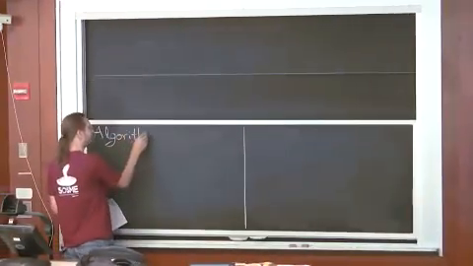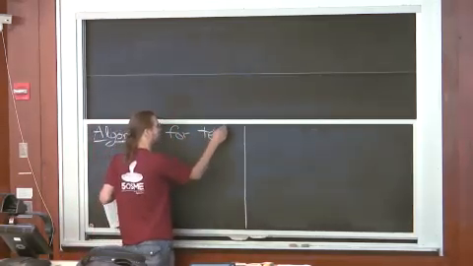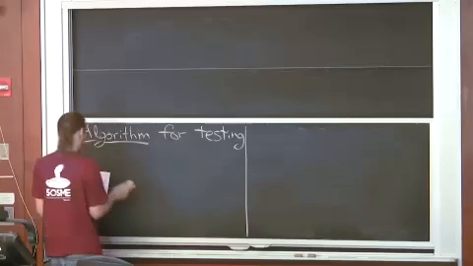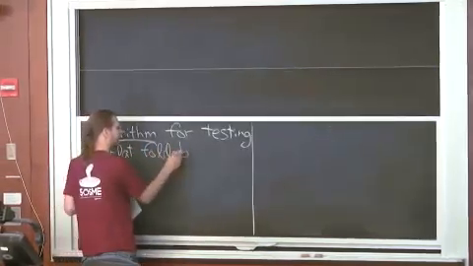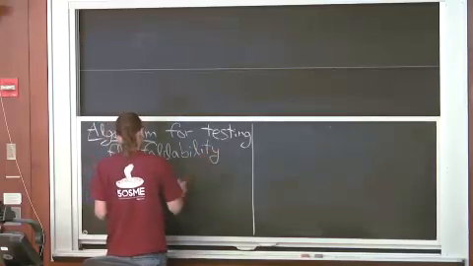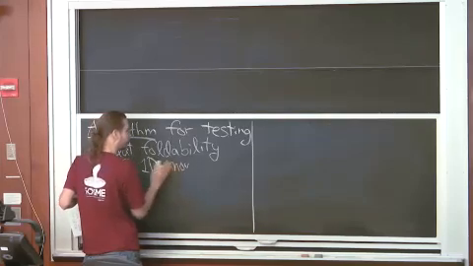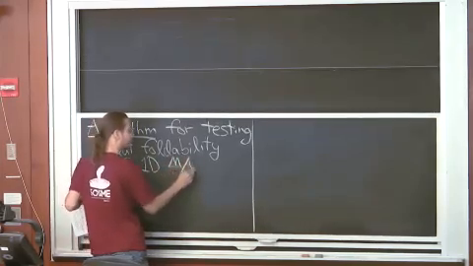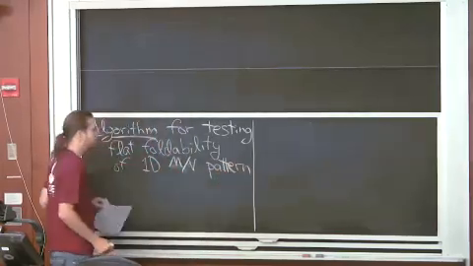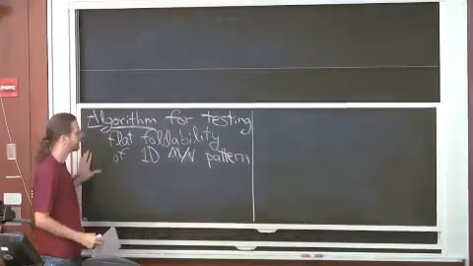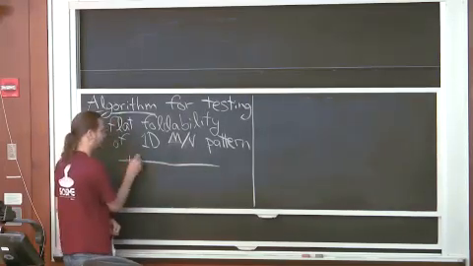So I'm going to first talk about it in the 1D scenario, but it's pretty much the same for both. 1D is a little bit easier to think about, though. So, 1D mountain valley pattern, something like this.